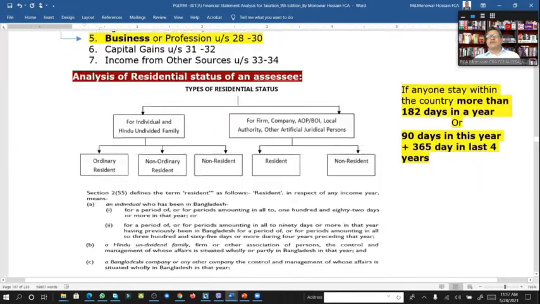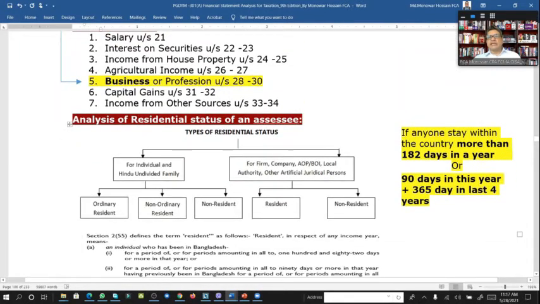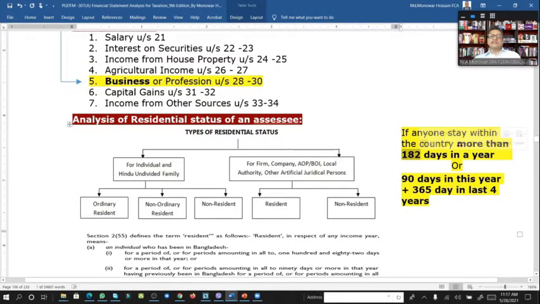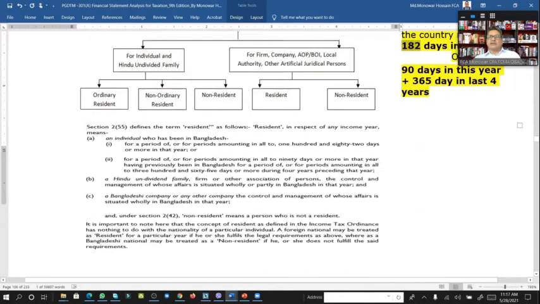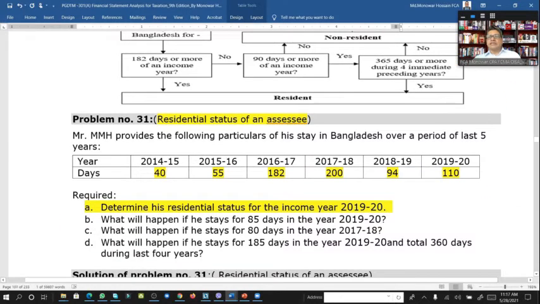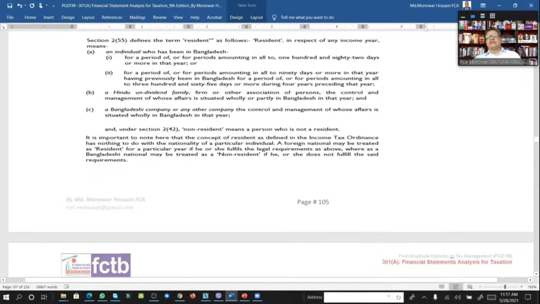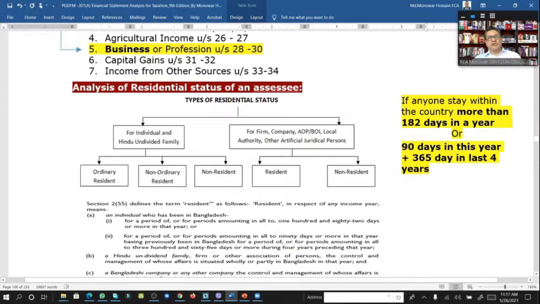So we know the fundamental thing: if 182 days within the country, he must be a resident and should submit the return. But in this case, in the year 19-20, he stayed only 110 days, which is less than 182. But there is another condition: 90 days within this year plus 365 days in the last 4 years.